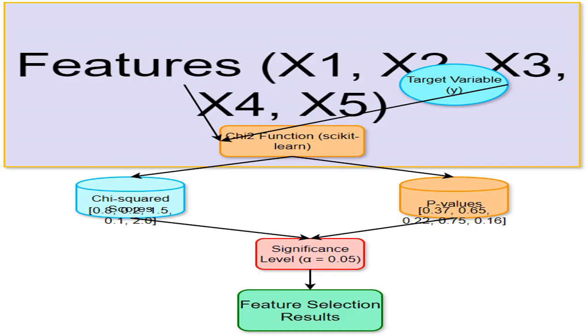It's a categorical variable, meaning it can only take on a limited number of values like yes or no, or red, green, or blue. In my example, it could be whether a customer buys a product or not.